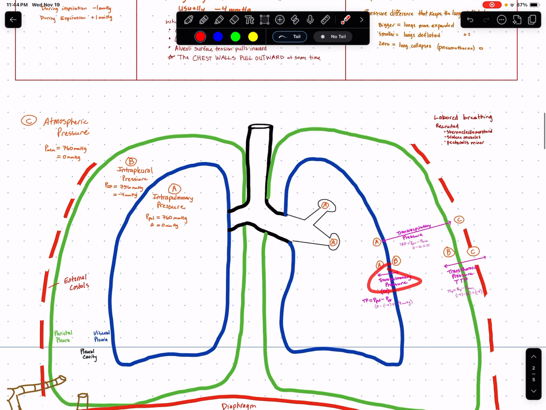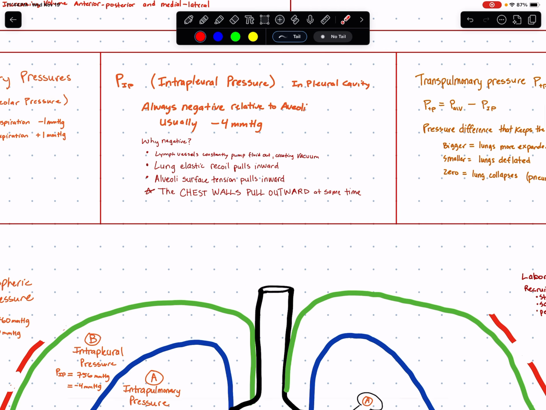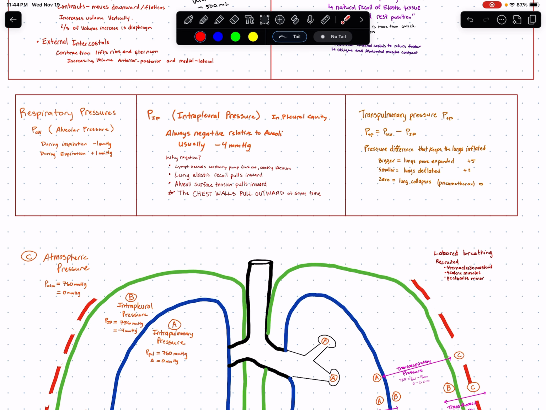So, mechanism. We always need a negative pressure in the intrapleural space because that's what creates the vacuum that we suck in air with. Well, technically it's our respiratory pressure, but this is what does it with volume.